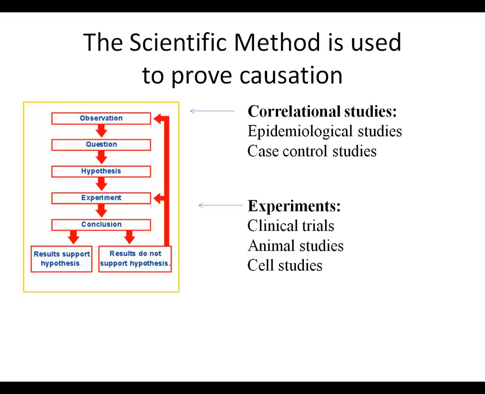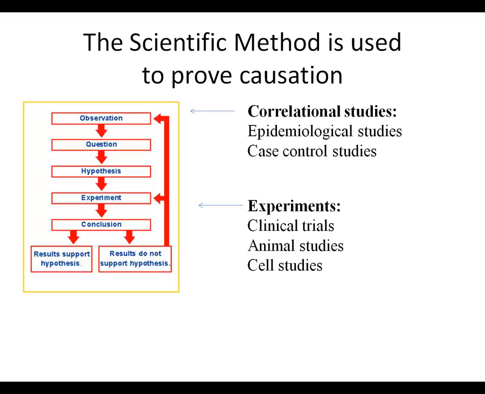If the experiments are done in animals or with tissue culture cells, those are usually experiments too. The problem with animal studies and cell studies is that the cell studies don't take into account the process by which we ingest the food or the nutrients, or how the chemicals get to our cells.